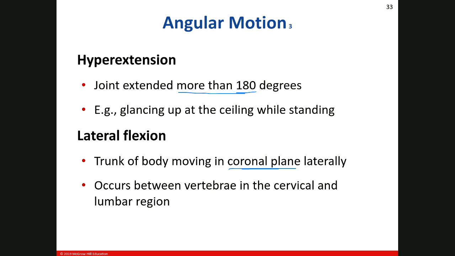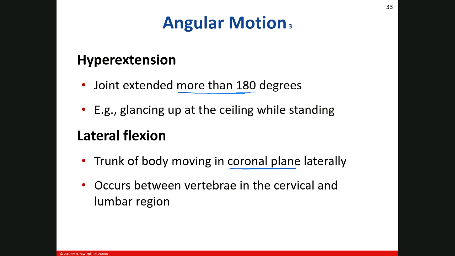For example, if I ask you to take your right ear and touch your right shoulder, you lean your head to the right. That's right lateral flexion. If I say, take your left ear and touch your left shoulder, I'm doing left lateral flexion. I'm moving through the plane.